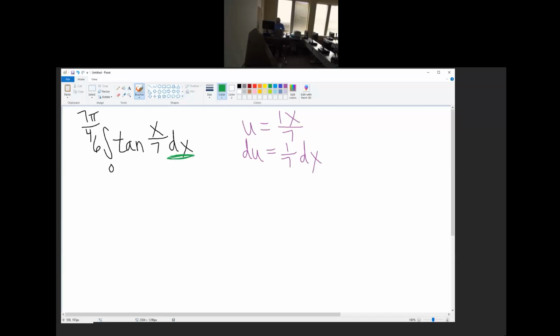But over here, we don't have dx by itself. We need to multiply both sides by 7 to get dx by itself. So dx is equal to 7 du.